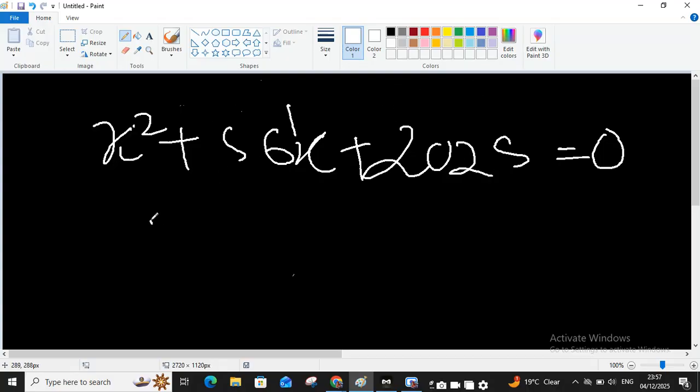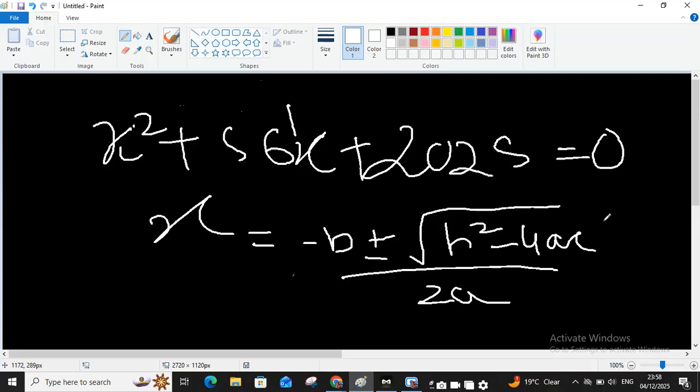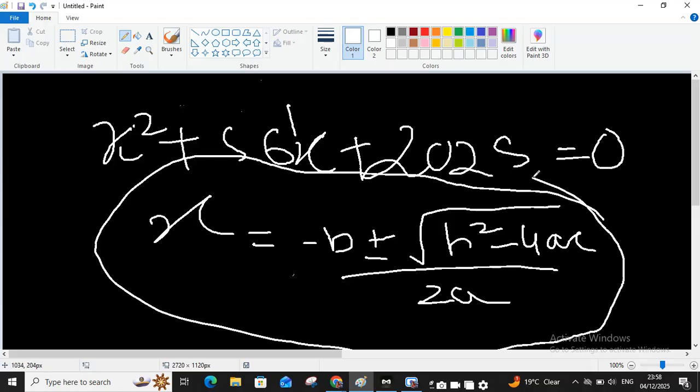So what will you do? You'll be using this formula. This formula is very important, and it will help you find the roots of this equation.